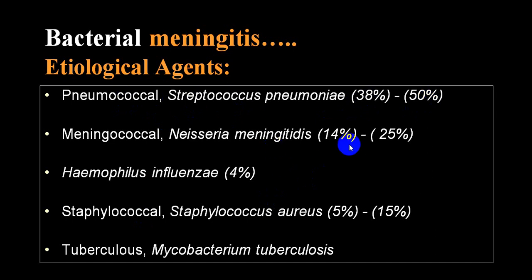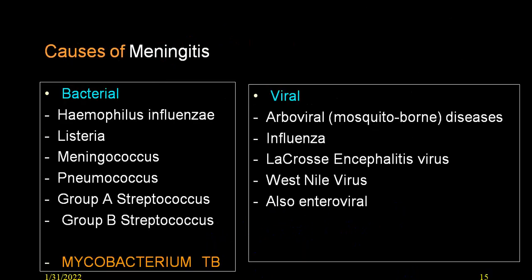Neisseria meningitidis will account for 14 to 25%, and H influenzae is 4%, while Staphylococcus aureus will account for 5 to 15%. And tuberculosis is still common in India, and that is Mycobacterium tuberculosis. So among bacterial, H influenzae, meningococcus, pneumococcus, streptococcus are common, and Mycobacterium tuberculosis.